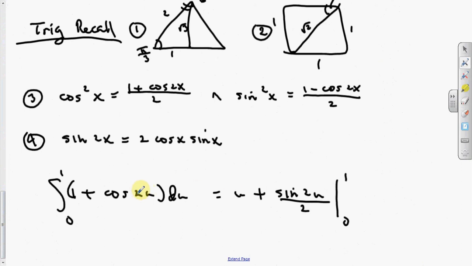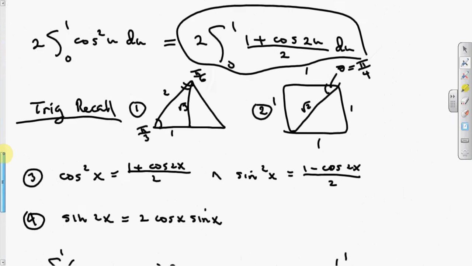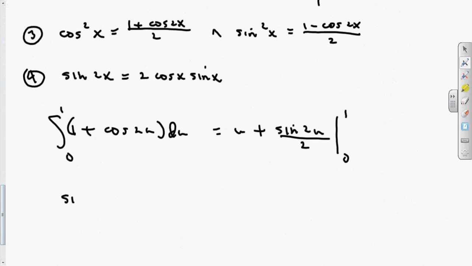You have to use a u du there. There's 2u, so you get that 1/2 downstairs. But this u becomes sine inverse of y. So this is sine inverse of y plus the cosine 2u, I use this guy, so that becomes 2 cosine u sine u.